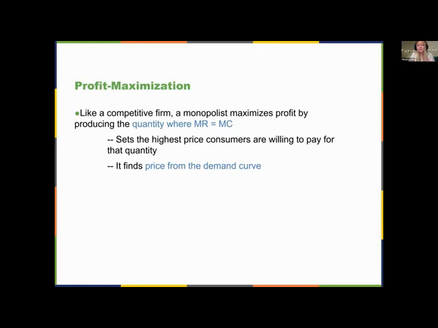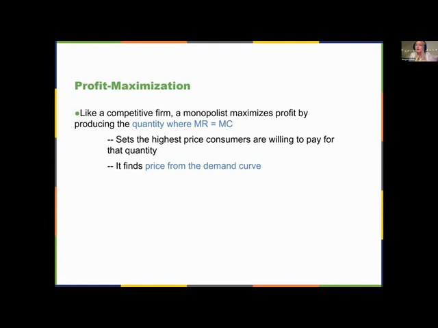So if the marginal revenue was greater than the marginal cost, they would increase the quantity that they make up until a point. If they start increasing quantity until the marginal cost starts to get bigger than the marginal revenue, if it's costing them more to make that product at that quantity than what they're bringing in, then they're producing too much and they should cut back to a point exactly where marginal revenue equals marginal cost.